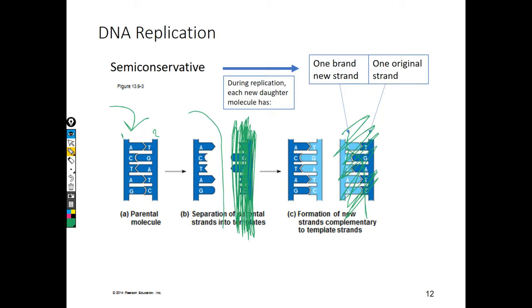And since everything is complementary, right, or works in opposites, I know when I have an A that I'm going to put a T in. I know when I have a C that we can put a G in. Okay, and ultimately what I can do is rebuild the strand that I pulled away.